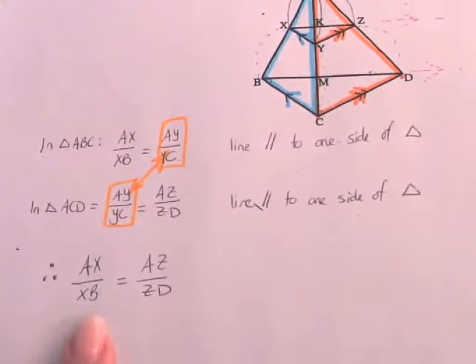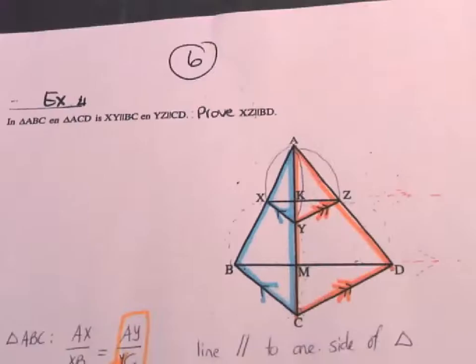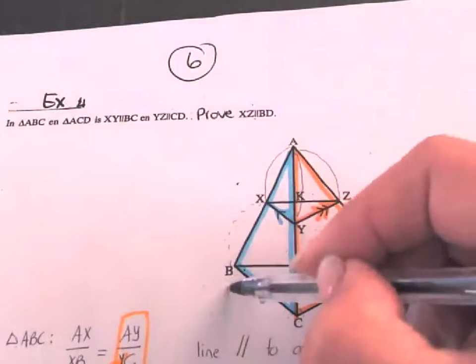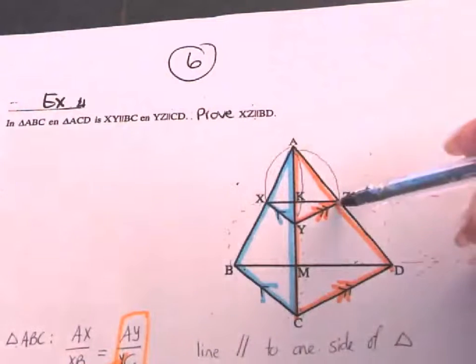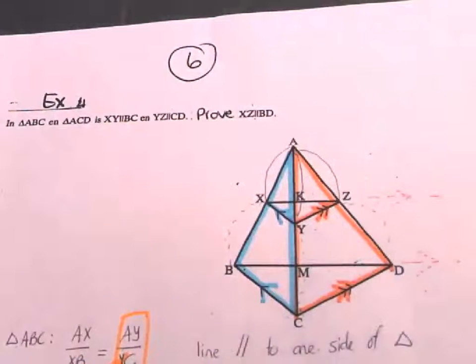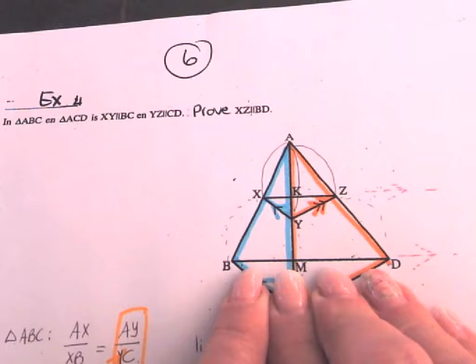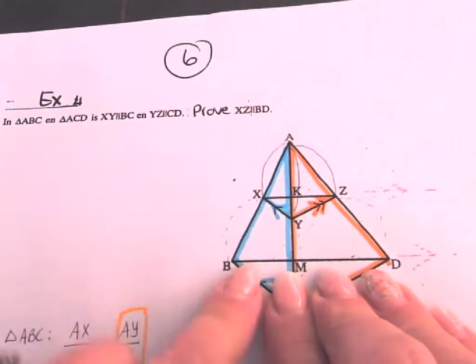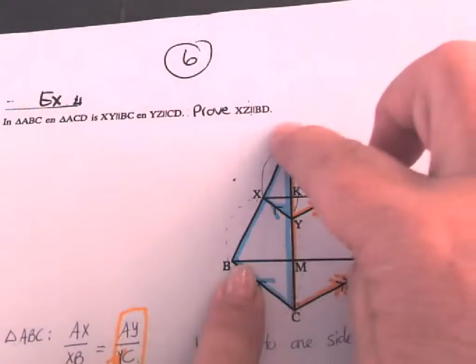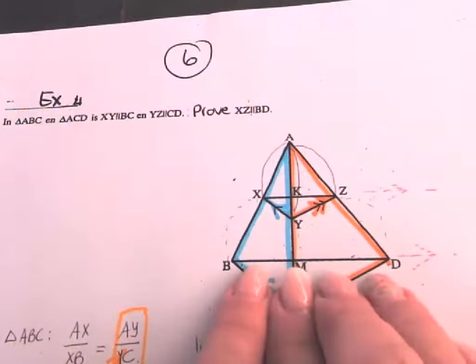Okay. Now you look at your triangle and you see AX over XB and AZ over ZD actually forms part of that triangle. Can you see? Yes. AX over XB and AZ over ZD form part of that triangle.